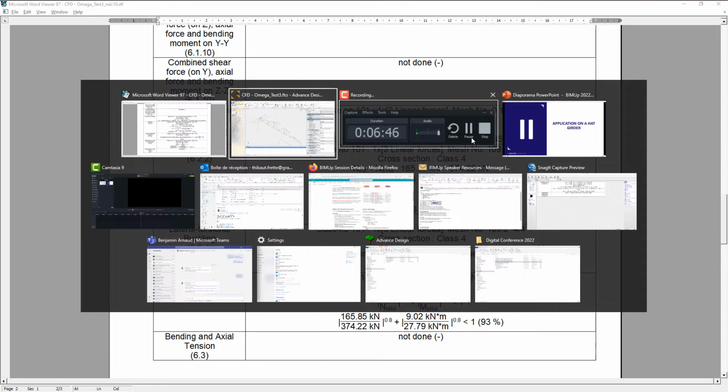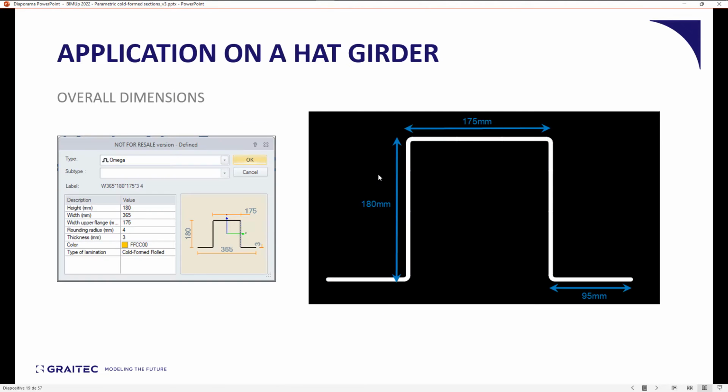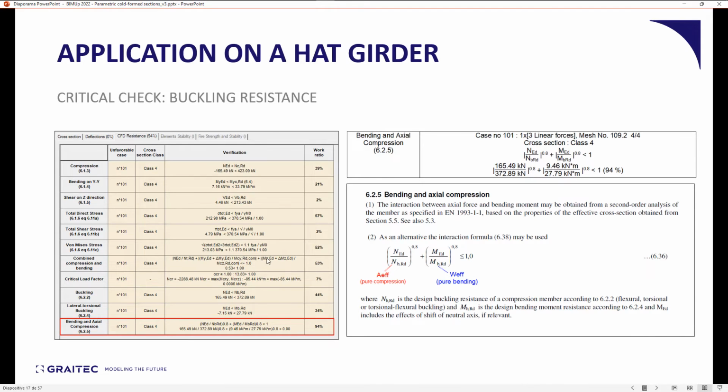And if we go back to our presentation, we see that that is indeed a critical check where bending and axial compression both come in, and this is a complex check because you have to consider the effective cross-sectional area with the buckling effect and the effective bending modulus on the flange that is subjected to lateral torsional buckling.